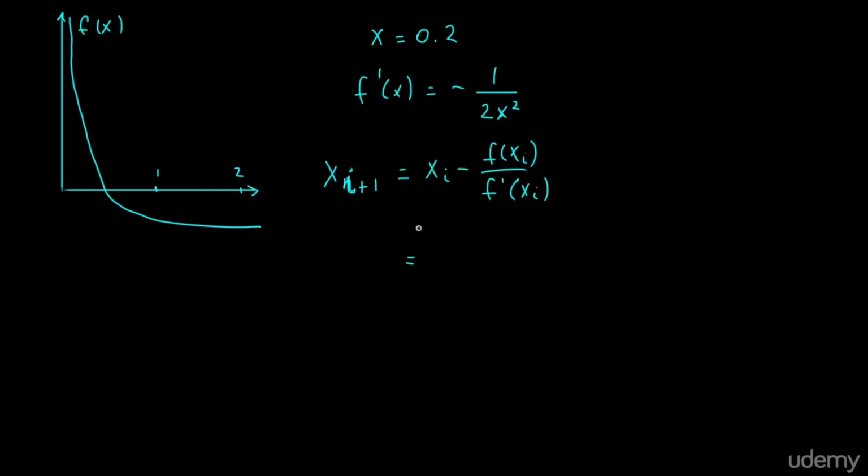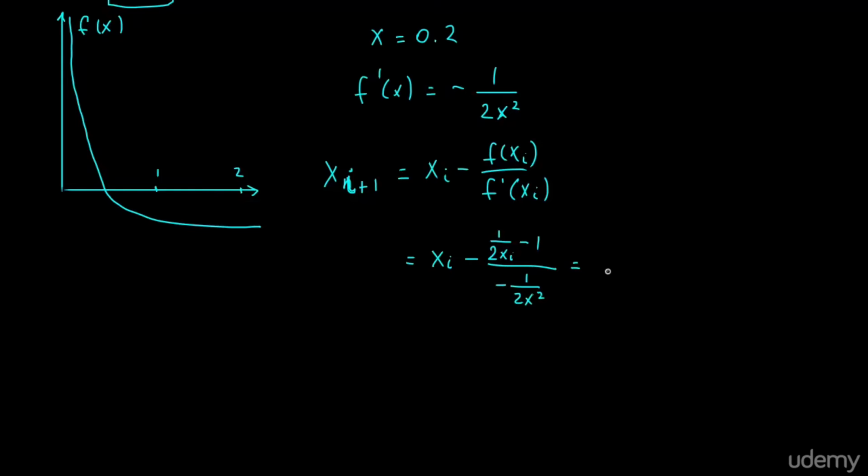So for the function, we have x_i minus, and then the function of x_i, that's this whole thing. So that would be 1 over 2x_i minus 1 as the numerator, and then the denominator is the first derivative, so that would be minus 1 over 2x squared.